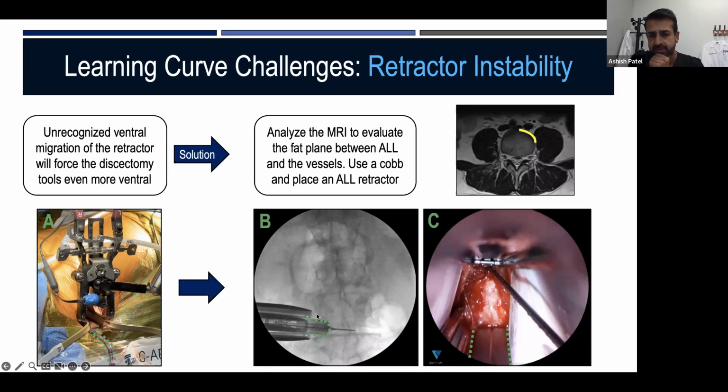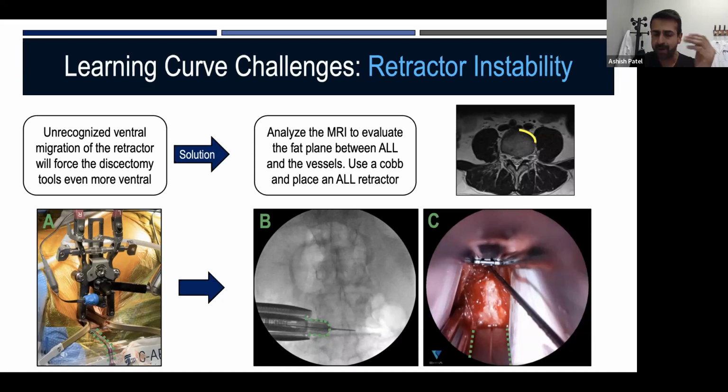Figure C is inside the working corridor, and the importance of this is that you've really marked out the anterior aspect of the disc space, and you've got something between the ALL and the vessels. So now we work from anterior to posterior, where we leave a cuff of approximately 5 to 7 millimeters of ALL tissue and anterior annulus.